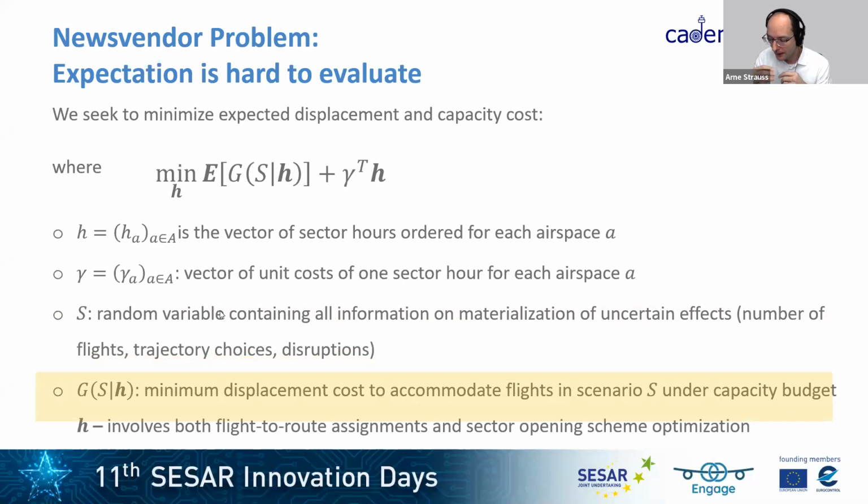Specifically, given that we have made a decision h in terms of how much capacity to have for that particular time interval that we're planning for, be that a day or whatever that is, upon observing what we are actually facing in terms of the materialization of traffic, etc., everything contained in S, we are then optimizing our decisions regarding how to configure the airspace and how to assign specific flights to routes, and we obtain this as the minimum displacement cost.